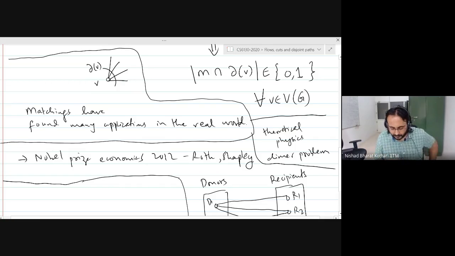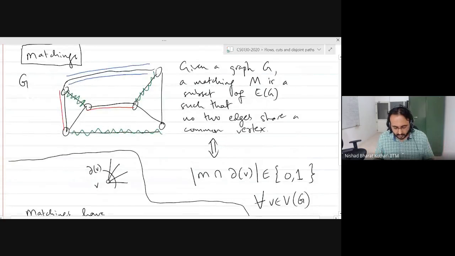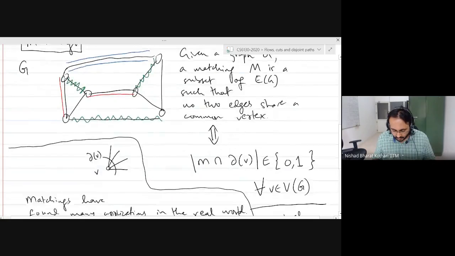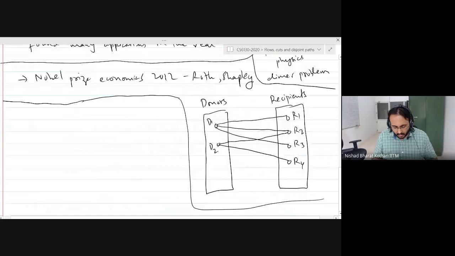I will tell you what a perfect matching is in a few minutes. There are lots of applications, but we will focus on the main theory.